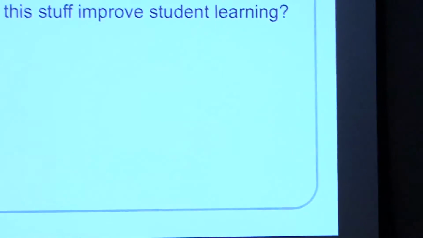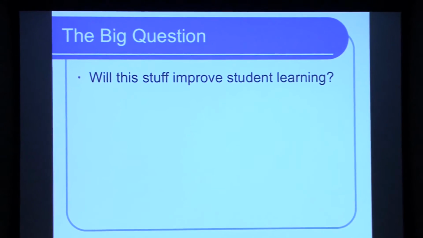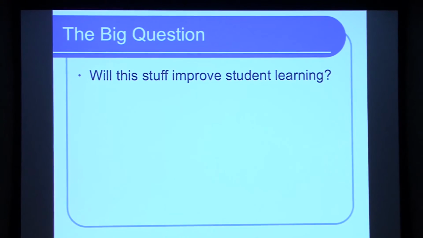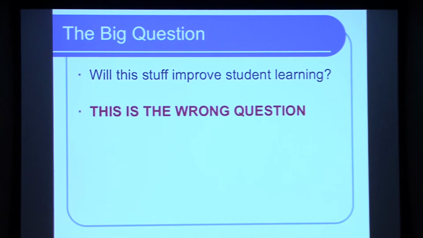Of course, the big question is, does this actually improve learning? And if you get one thing out of this talk, maybe the one thing I'd like to get is, that's the wrong question. Which seems odd to say about improving student learning.